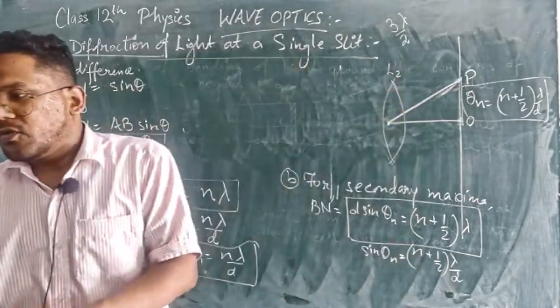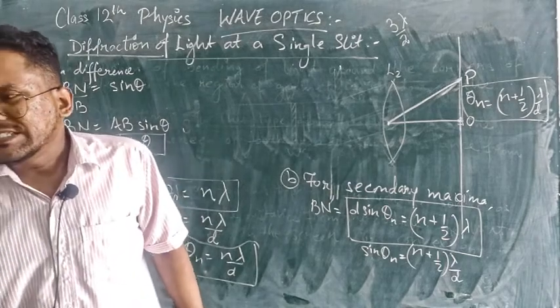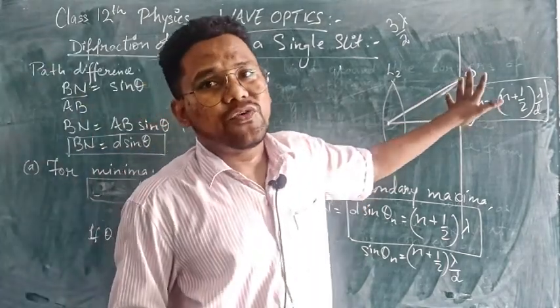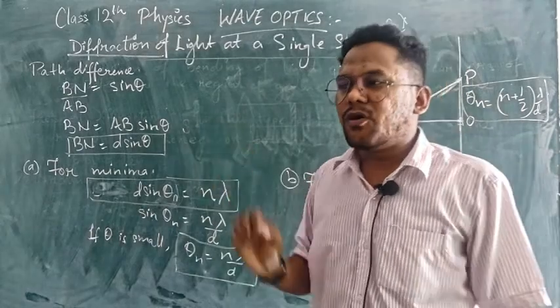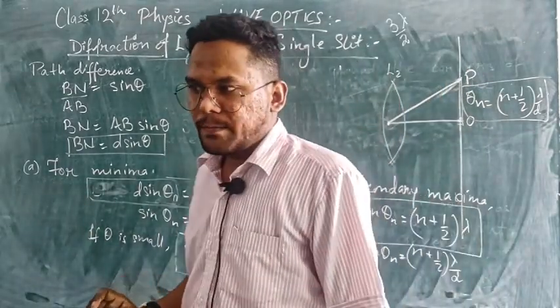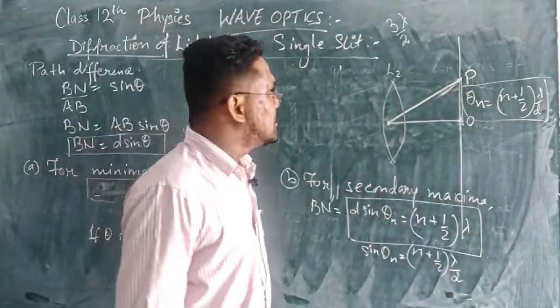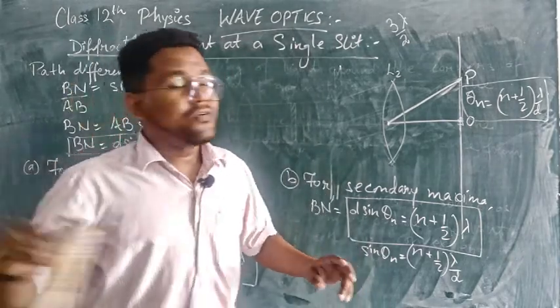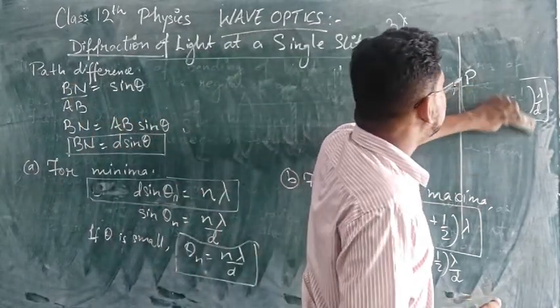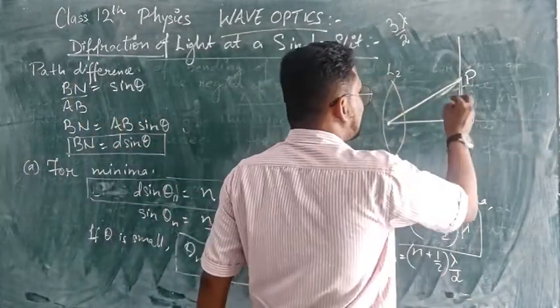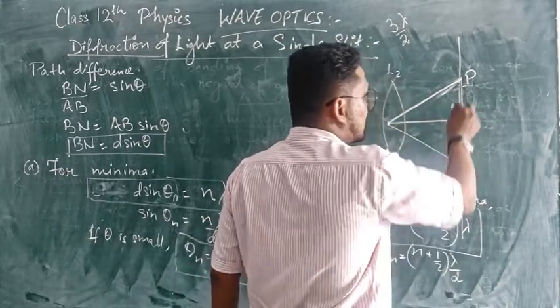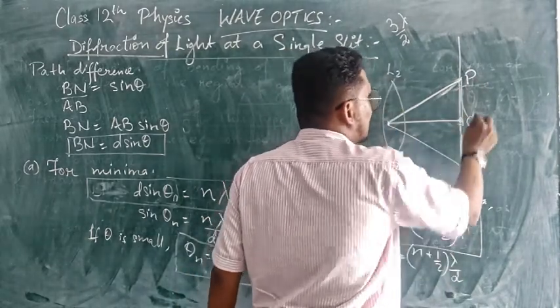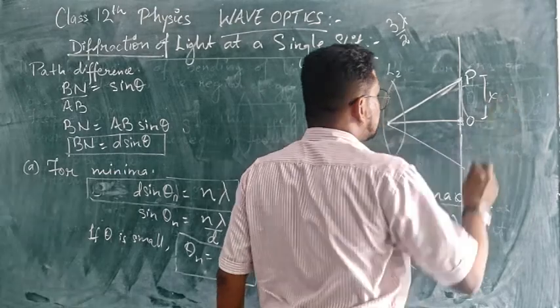For this, what are we considering? We are considering that the focal length of the lens is small f. And the total width of central maxima will be equal to this plus this, top half and bottom half, but I am taking only one part to be x.